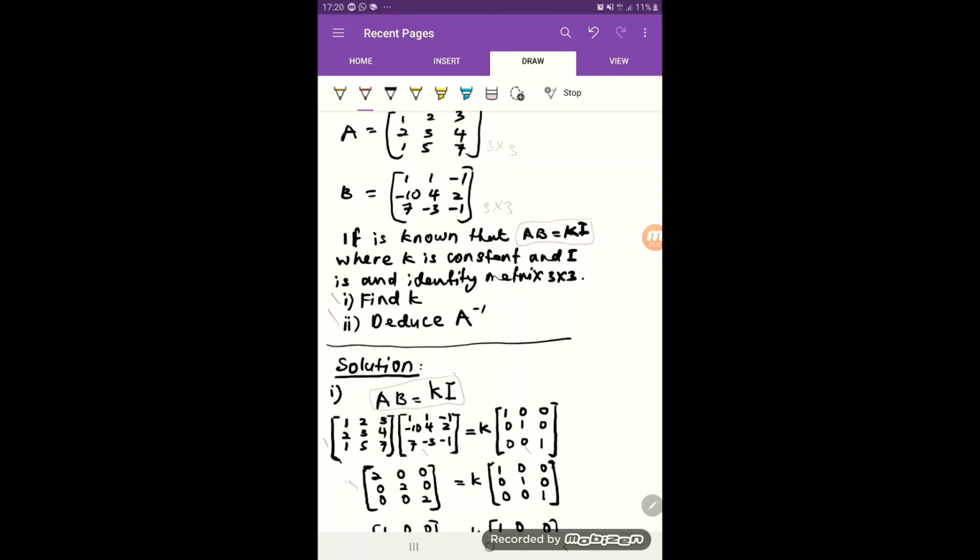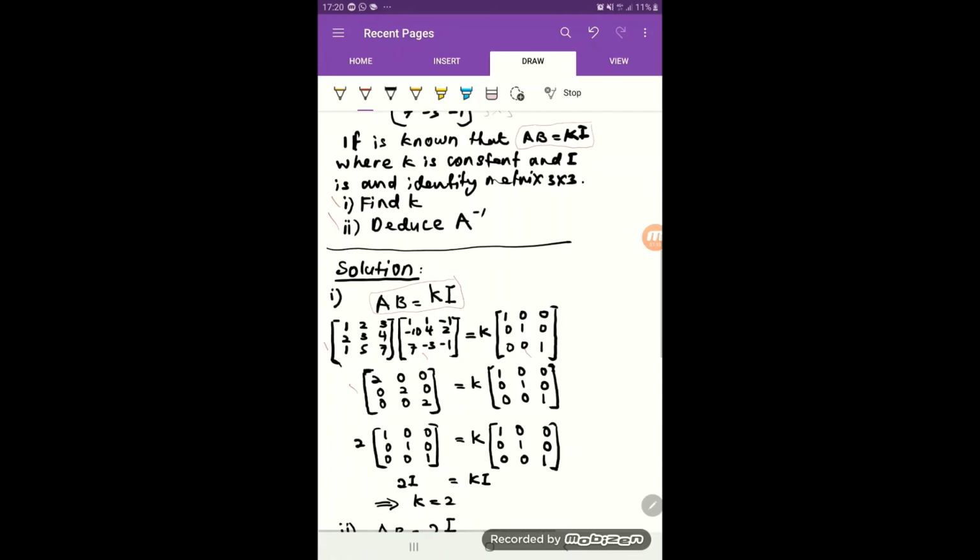And then take out the value of 2 outside, you will get 2 times identity matrix here. And then you can find the equations of matrix 2I is equal KI. After you compare, you will get the value of K is equal 2.